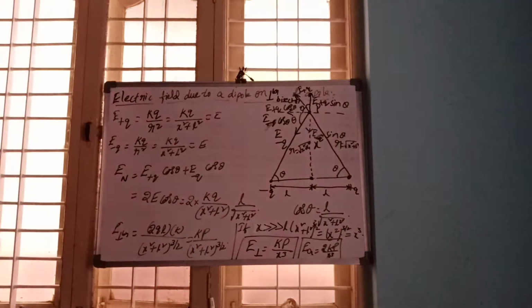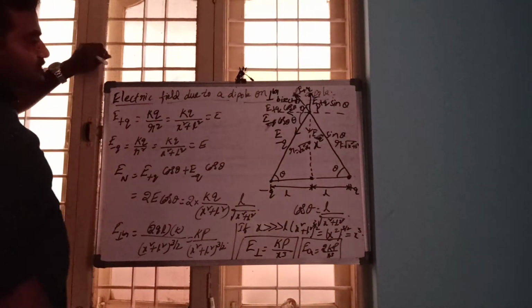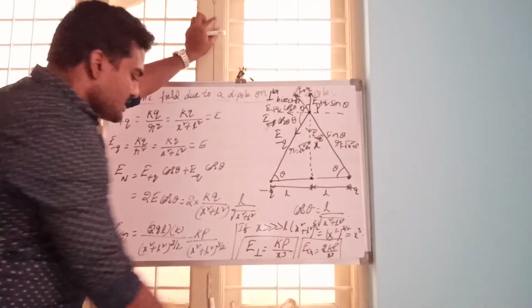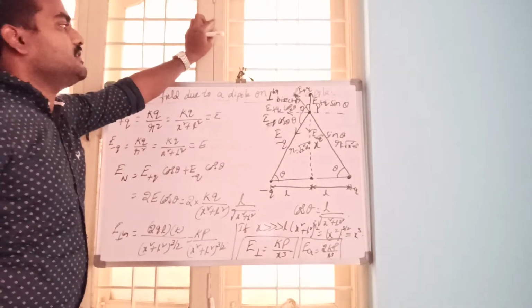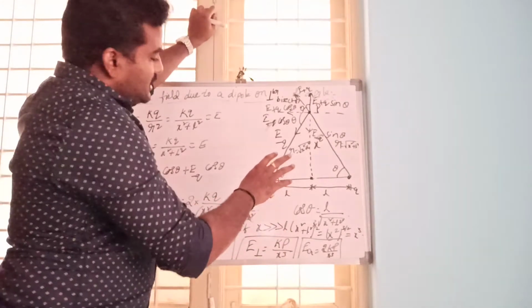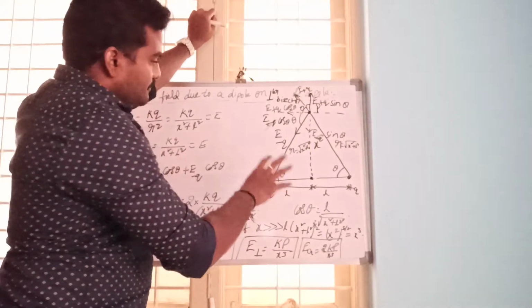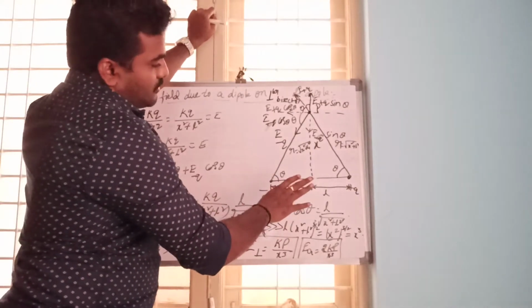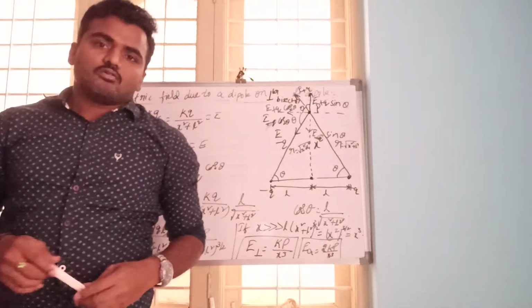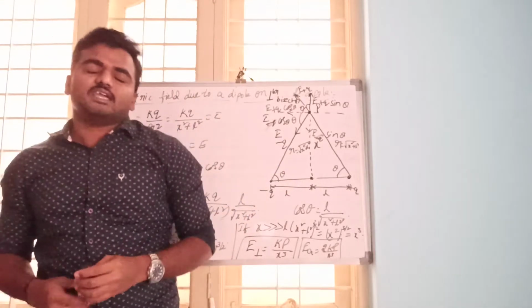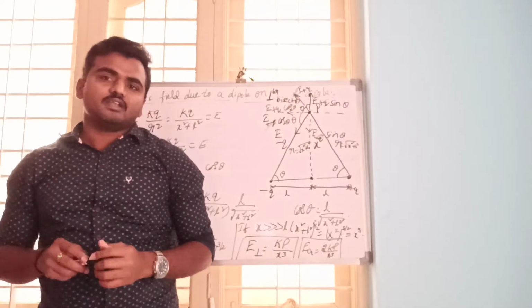Now let us check out the relation between E perpendicular and E axial. So let us do it one more time. Here we have taken a dipole where the length of the dipole is 2L, and we are going to find the electric field on the perpendicular bisector of the dipole.